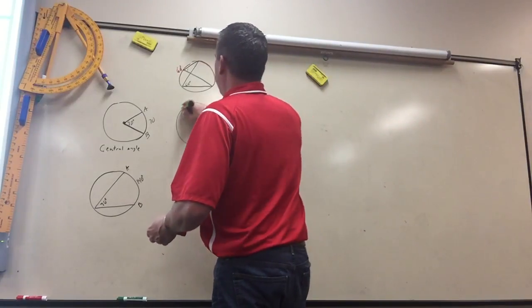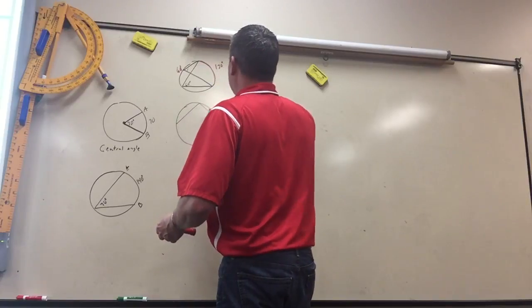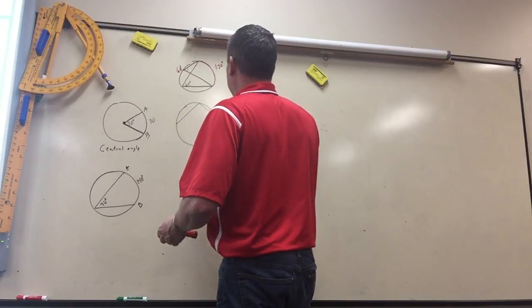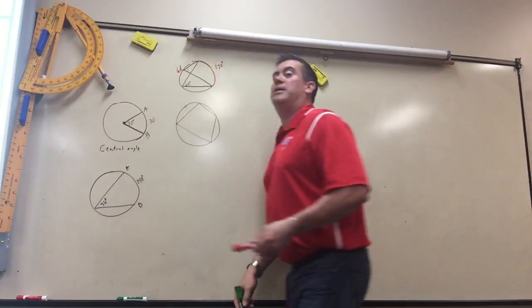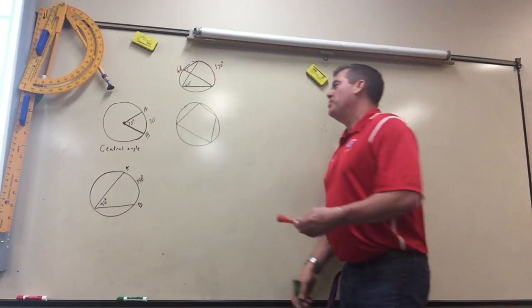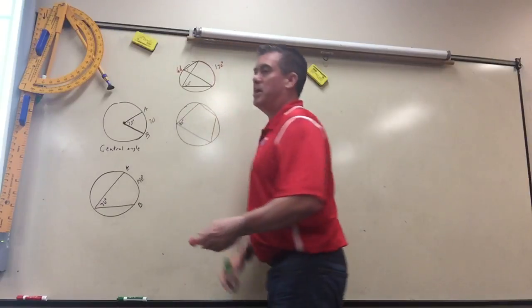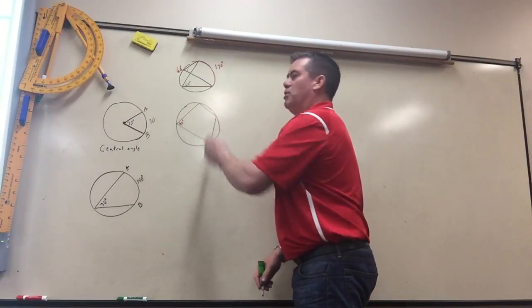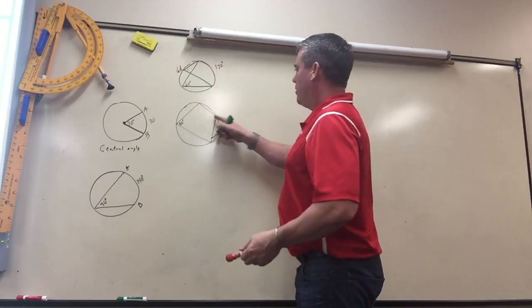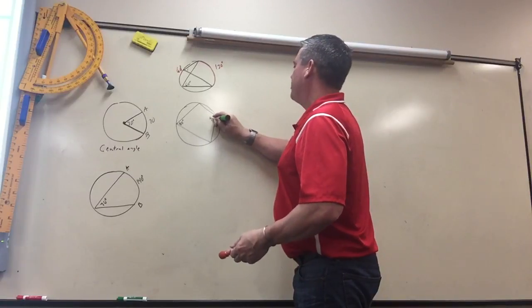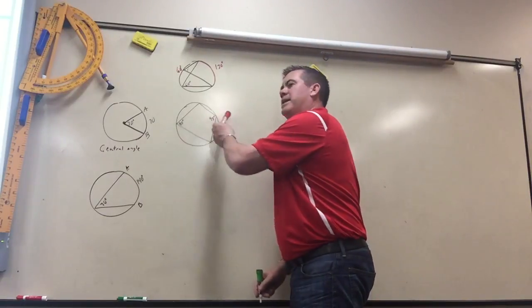We also learned that if you've got a quadrilateral inscribed in a circle, opposite angles are supplementary. So if you know one, you know the other one. That would be 95. Okay, they've got to add up to 180.